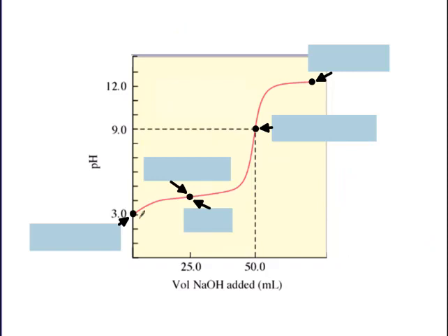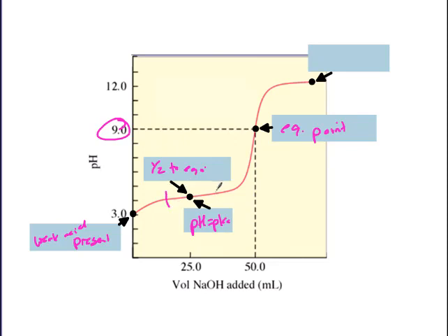And finally, this one, we're starting with an acid. We look at the equivalence point. It's above 7, so this must be a weak acid present. So since it's a weak acid, my pH equals pKa at the halfway to equivalence.